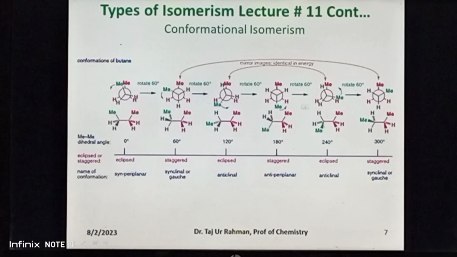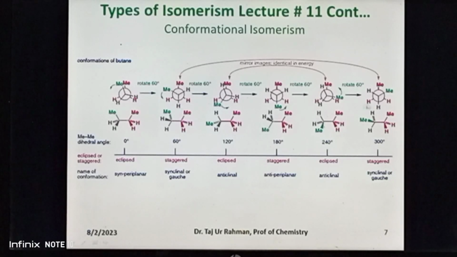Now again, look at these six conformers of butane. We can notice that these two eclipsed conformers of butane with dihedral angles of 120 degree and 240 degree are mirror images of each other, and hence they are enantiomeric and equi-energetic.